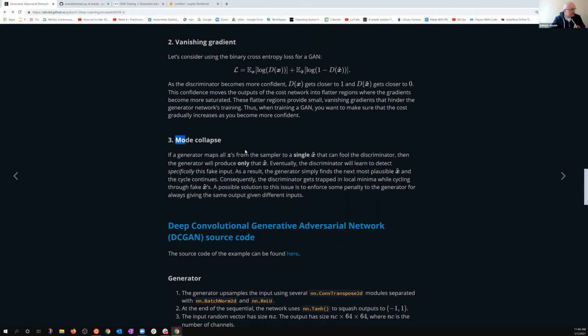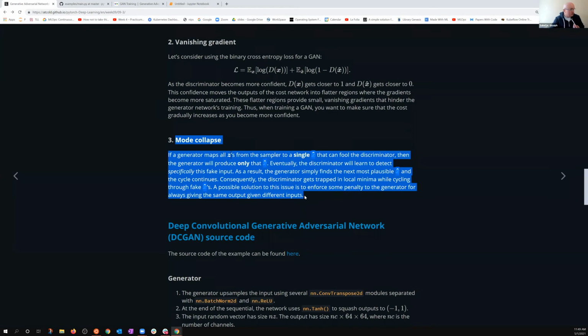The third one is something I think Mayank has touched on a few times, which is mode collapse, which is essentially the generator learns to just map to a single point on the manifold. And what ends up happening is the discriminator says, no, that's fake.